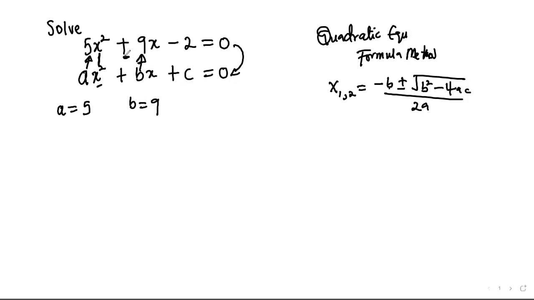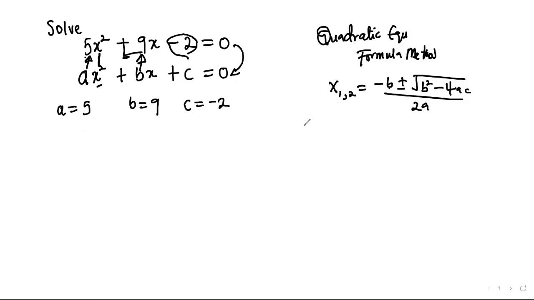Take note, positive 9, okay? Then lastly, c is equal to minus 2. So b is positive 9, and a is positive 5. Now we've gotten the values of a, b, and c. We can just go ahead and plug them into this formula, and of course, we can get our final answer for x.